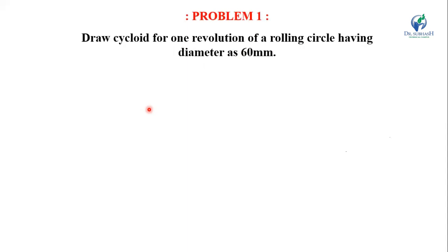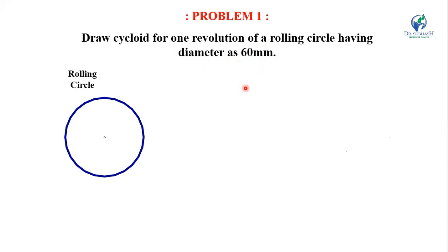The diameter of the circle is 60 mm, so first of all, we have to draw a circle of diameter 60 mm. This is known as the rolling circle, and this direction shows the direction of rotation of the circle.